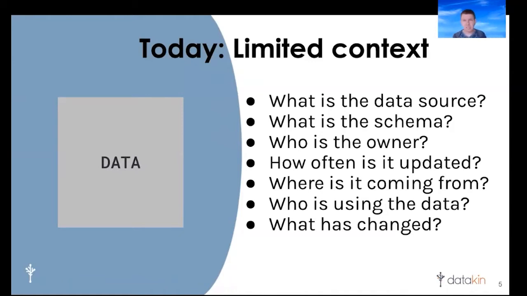You have a data set coming, but it's often unclear what the data source is, what the schema is, how it is evolving, who the owner of the data set is, how often it is updated, how often it should be updated, where it's coming from, what data set it is derived from, and who's using it. When you're looking at the data you produce, you may care about who's using the data, at the first level and multiple transformations removed, and track how data changes over time.